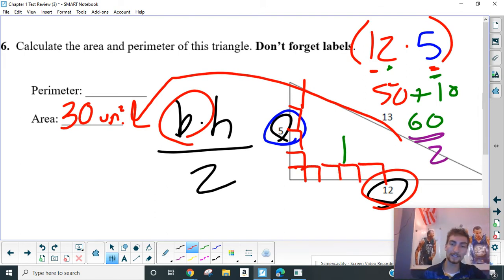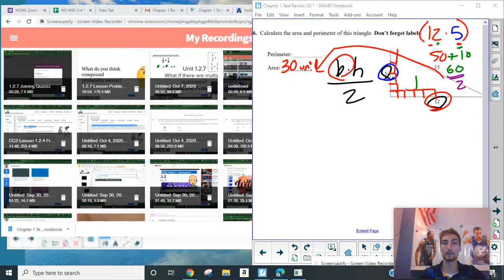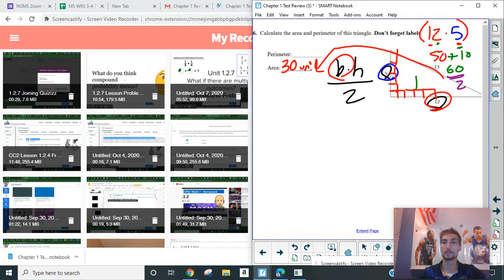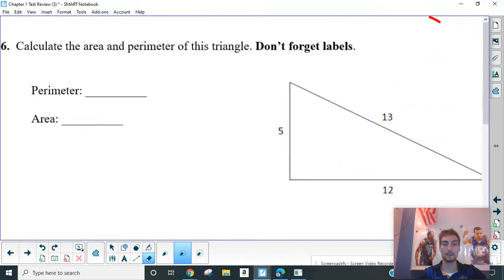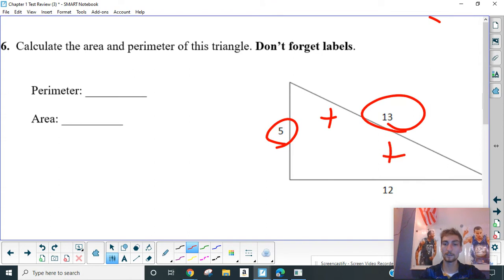Okay, so now we're looking at perimeter. My perimeter is going to be around. So here I'm actually just going to look at all of the numbers that are around my triangle. So I'm going to take 5 plus 13 plus 12. 5 plus 13 is 18. 18 plus 12 should be 40. 40 units.